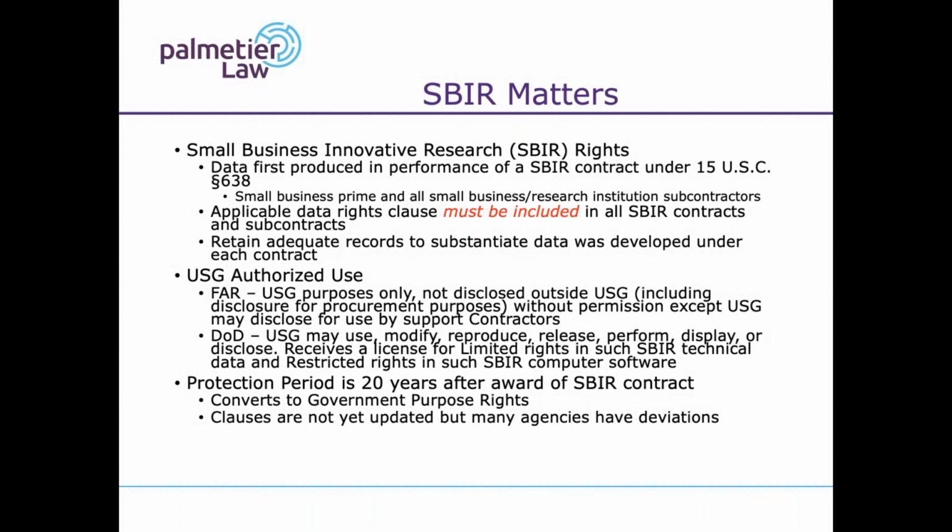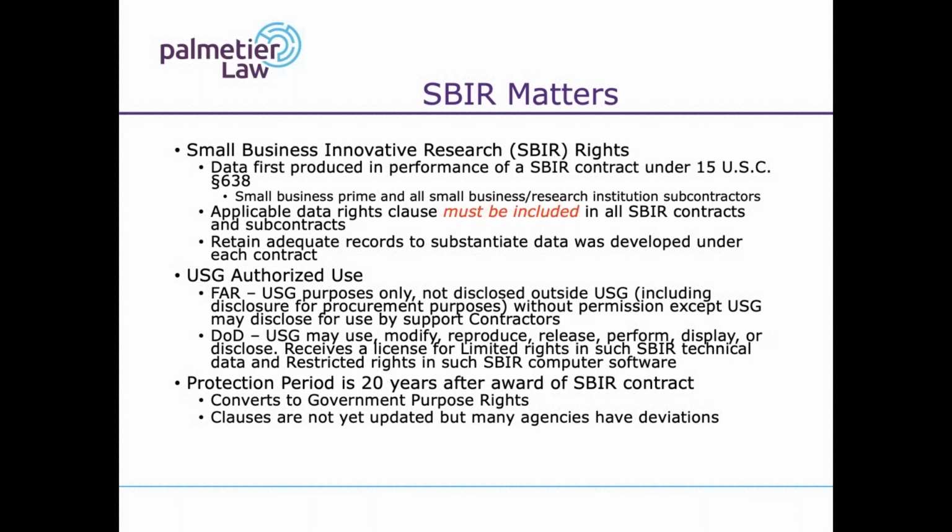But generally speaking, under the FAR and the DFARS, there is subtly different language, but essentially it boils down to that the government receives the equivalent of limited rights or restricted rights under the SBIR program for a period of 20 years.